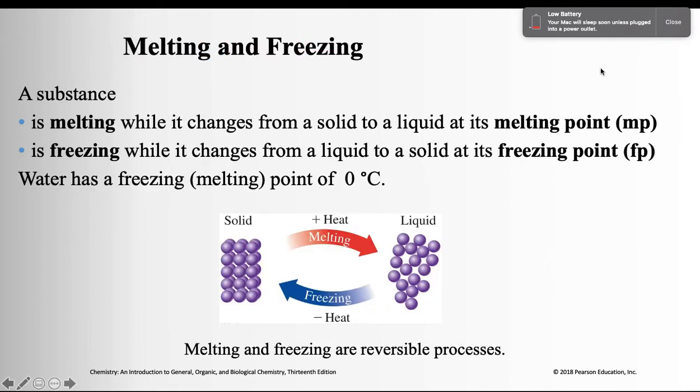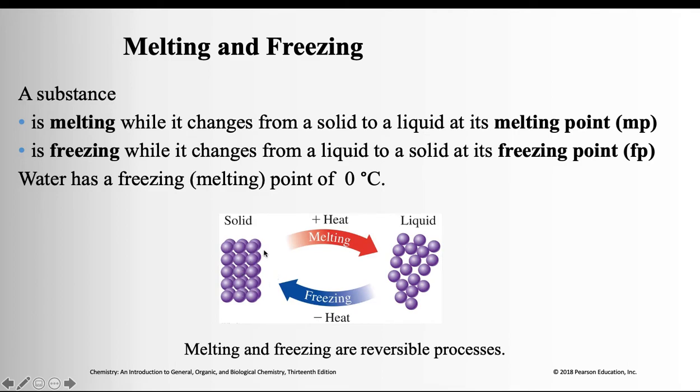Melting and freezing. We know this very well. We know about melting and freezing. They're opposing processes. For melting, we have to supply heat to the solid to turn it into liquid. Whereas if we're freezing, the liquid will give off heat, because liquids have higher energy than solids, and so the liquid will give off that heat to turn into a solid.